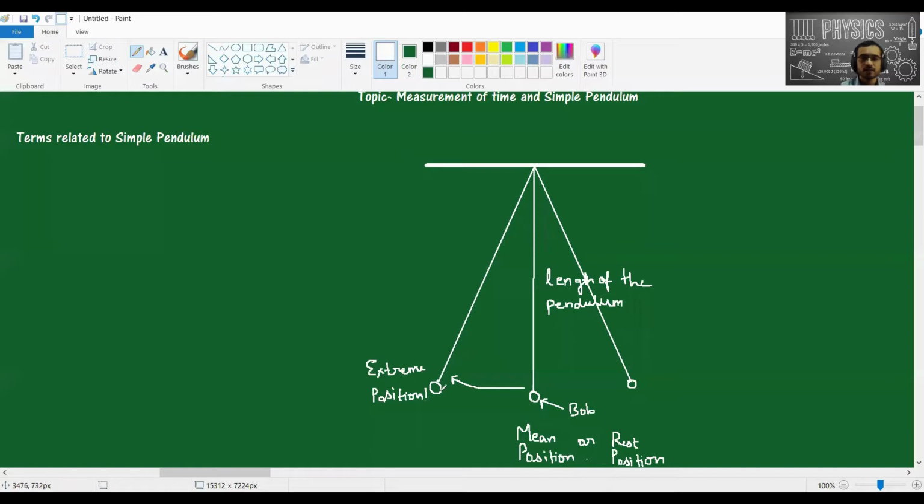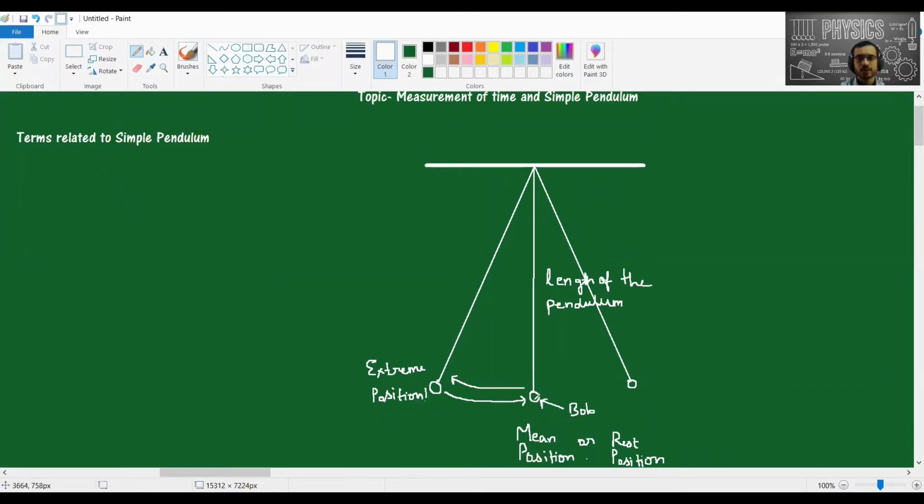When we release it, this potential energy is converted into kinetic energy. With increased speed, it reaches position B, and here its speed is maximum.